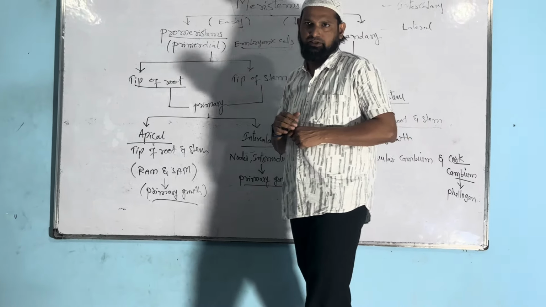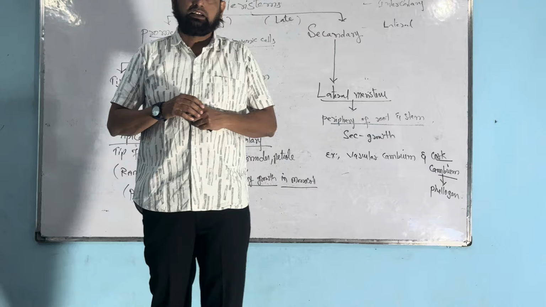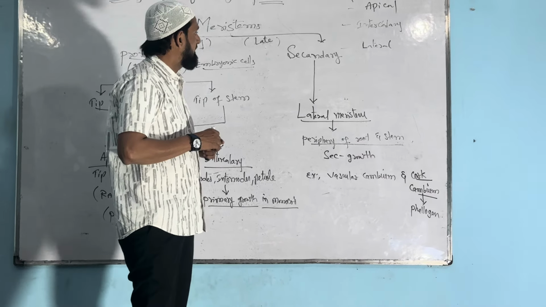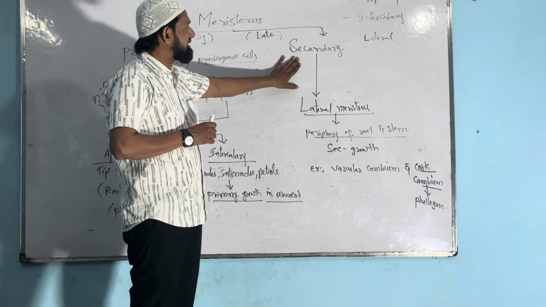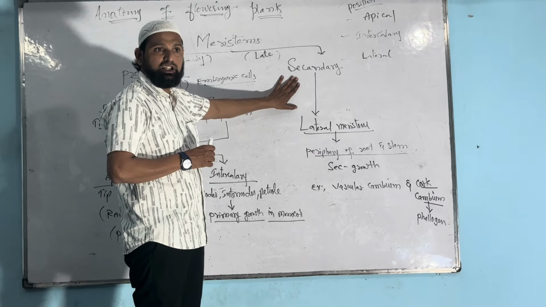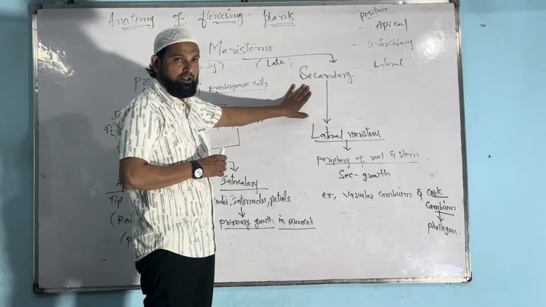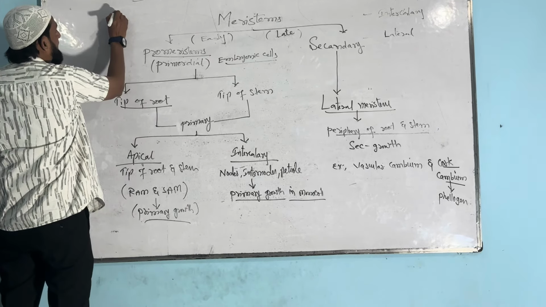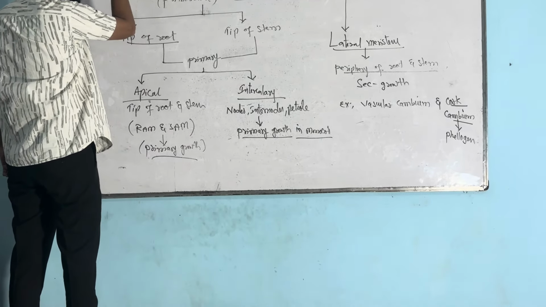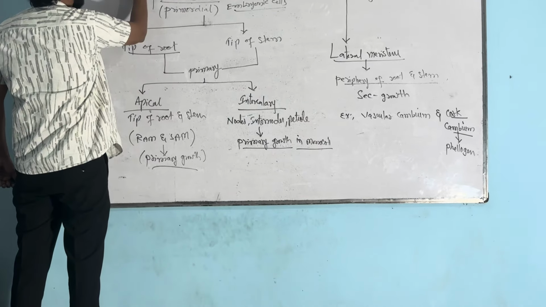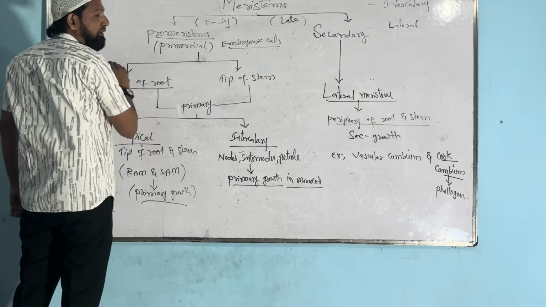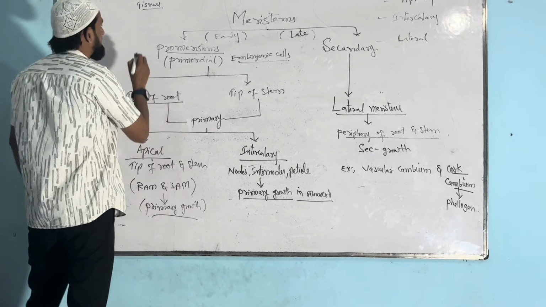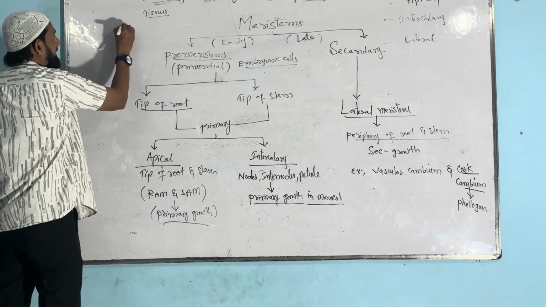But this secondary meristem is produced only during the process of secondary growth. But a few minutes before I used one word: the tissues are of two types. Tissues are of what? Two types. Which are those? That is meristematic.